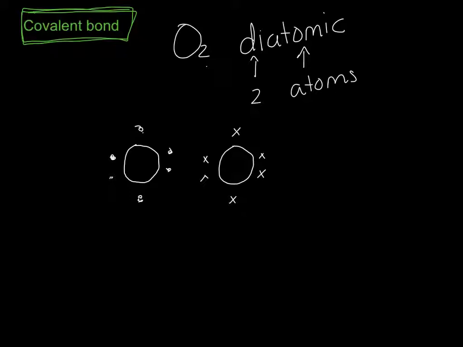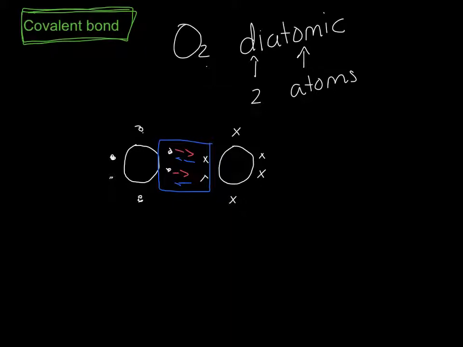So this oxygen is going to share 2 of its electrons with this oxygen, and this oxygen is going to share 2 of its electrons with this oxygen. And so what you have is a bond between the 2 oxygens.